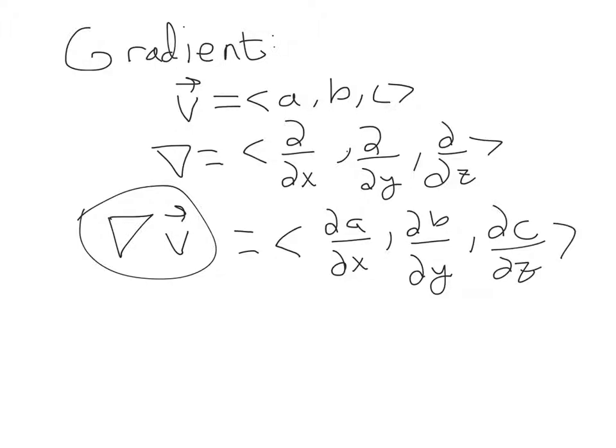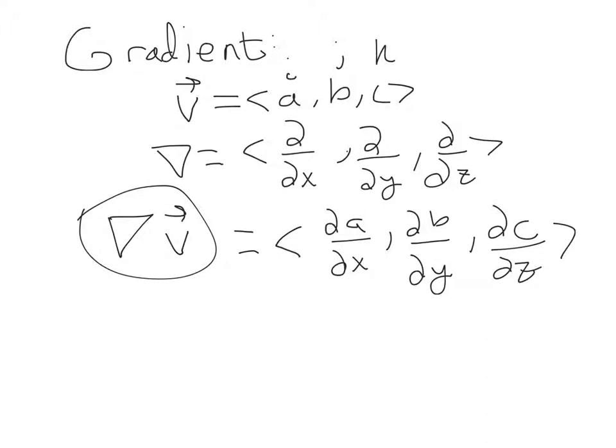So for gradient, you simply take the partial with respect to x of the i component, the partial with respect to y of the j component, and the partial with respect to z of the k component to give you the directional derivative.